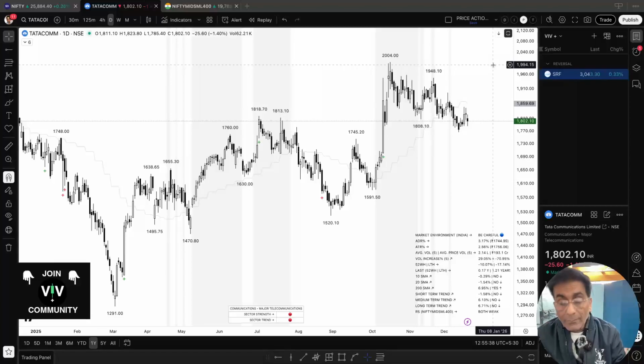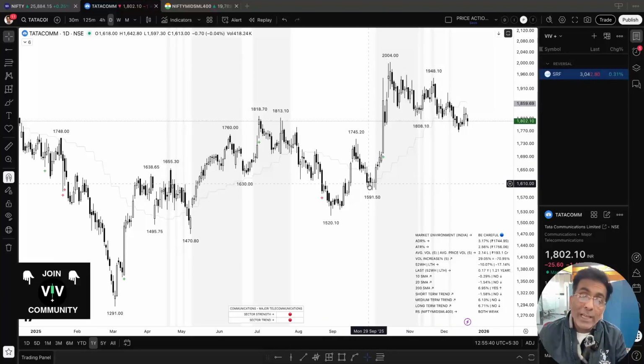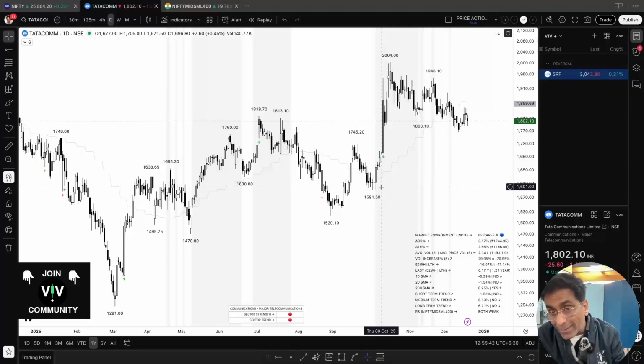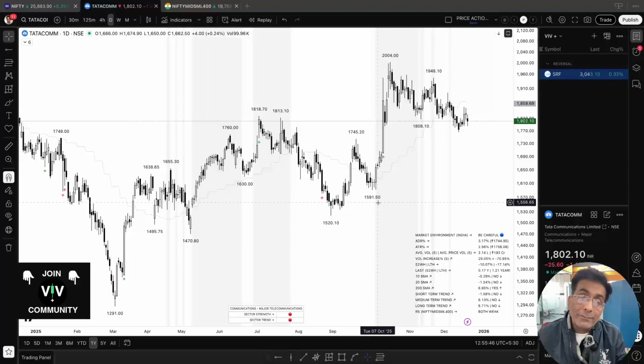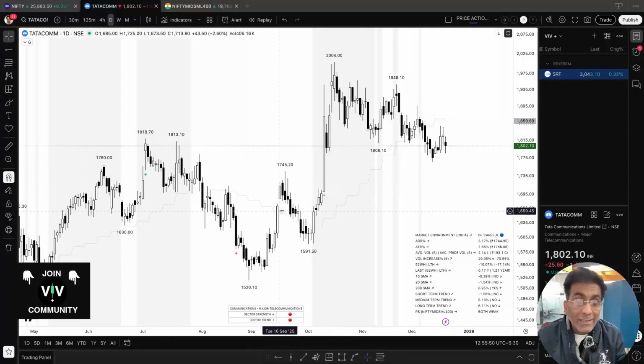So the 10-week moving average allows you to enter early, but as I said, not all price near the 10-day moving average is buyable. This was not buyable, this was not buyable, right? This was buyable because the system was saying that it's getting positive, right?